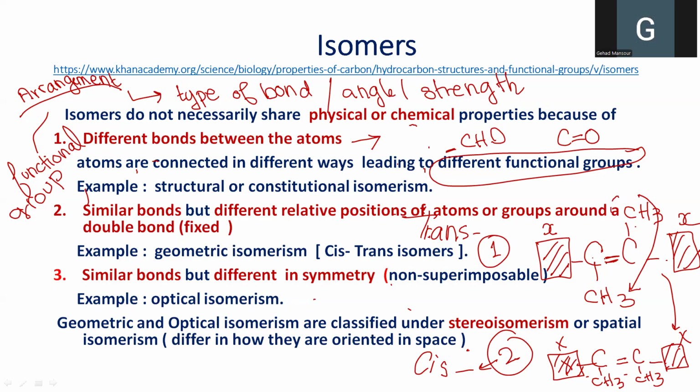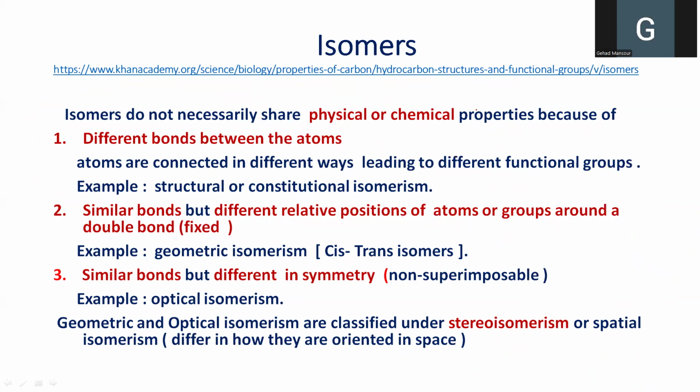This type of isomerism is another type. Number 1 is the one we have just explained: different bonds between the atoms result in a different arrangement, and it is called structural isomerism. But in number 2, we have geometric isomerism, a kind of 3D isomerism, or stereoisomerism in space.